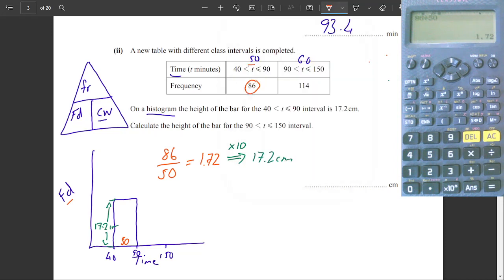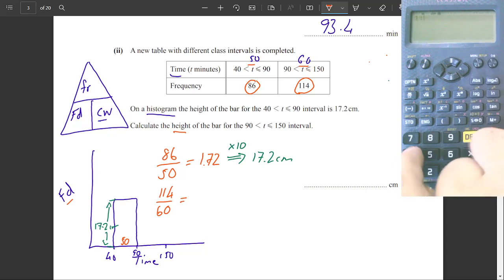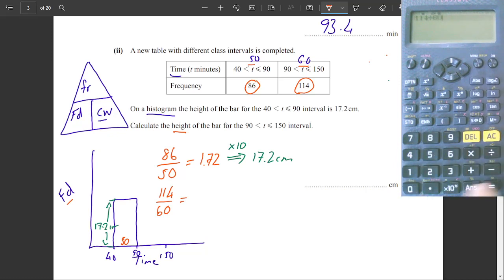Okay, so let's do the next part. Let's go back here. Calculate the height of the bar from 90 to 150. So what we have here, we got the class width and we got the frequency. So let's do the same. It's 114 divided by 60 equals 1.9.